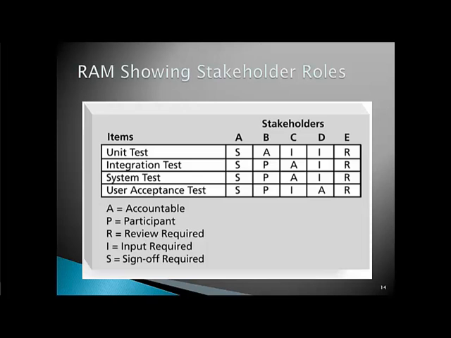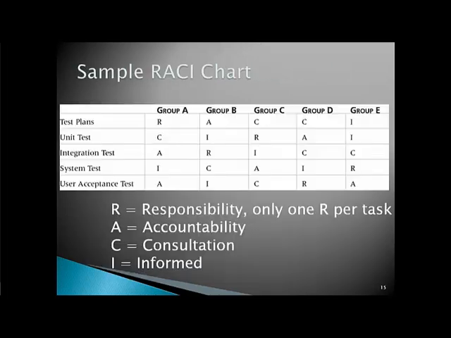We have a stakeholder that will be accountable, a stakeholder that will be a participant only, a stakeholder whose review is required, others whose input is required, and another group whose sign off is required. And the matrix shows the different responsibilities, or different role, for each stakeholder.